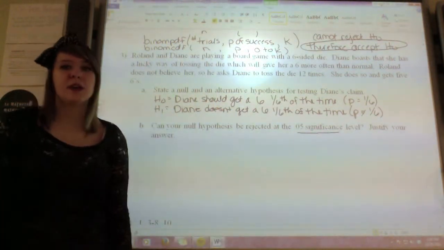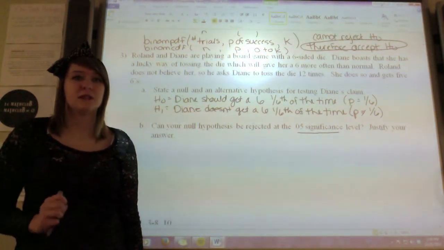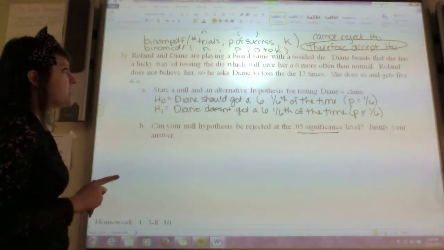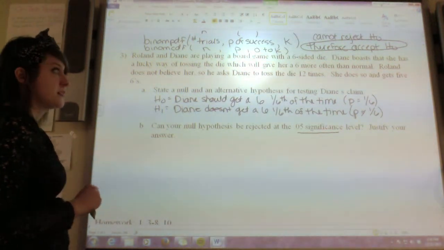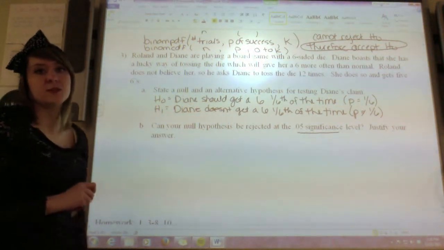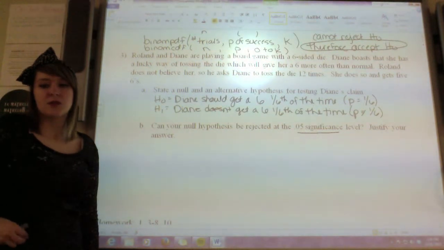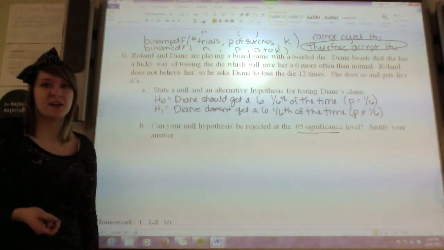So I need to look at the probability of what actually happened and everything that's less likely to happen. What actually happened was that she tossed the die 12 times and got 5 6s. What would be less likely to happen than getting 5 6s?